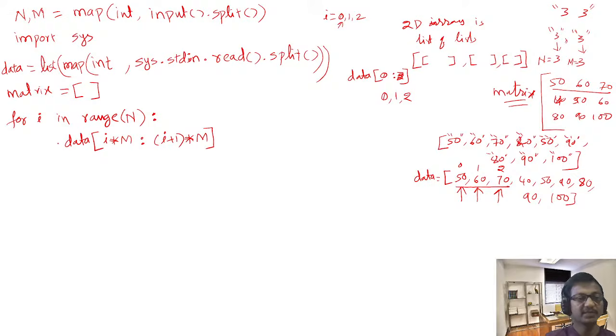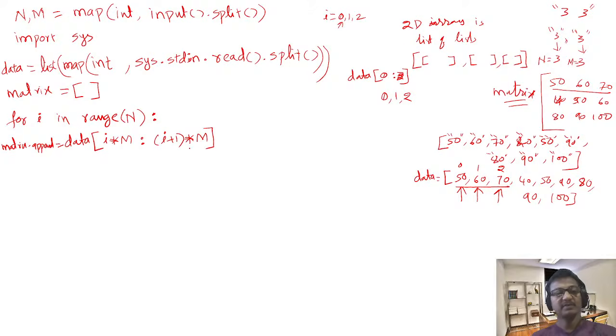So what do I need to do? I need to store it into this matrix here. For that I just say matrix dot append. How can we add elements to an empty list? By using the append method. So I say matrix dot append of data of this.